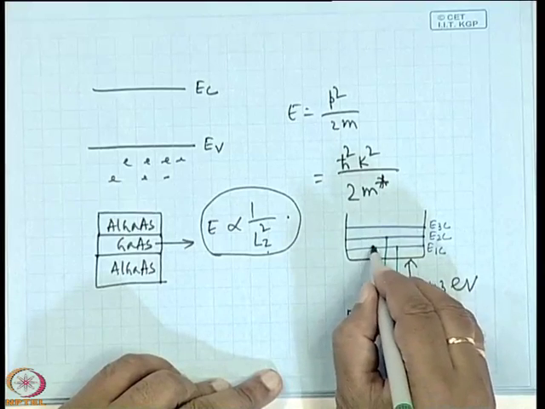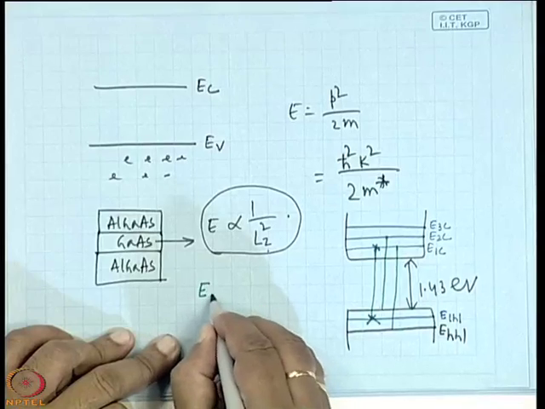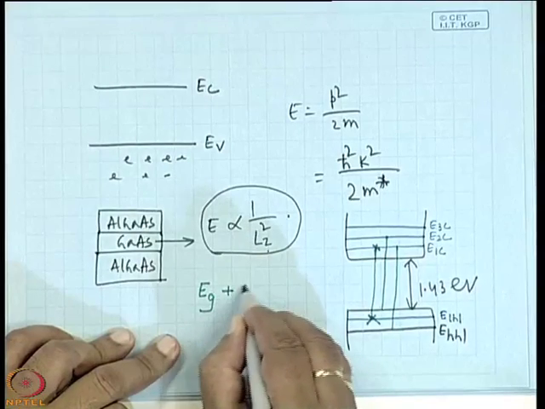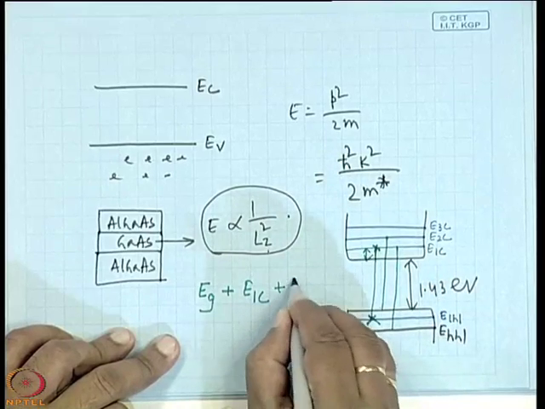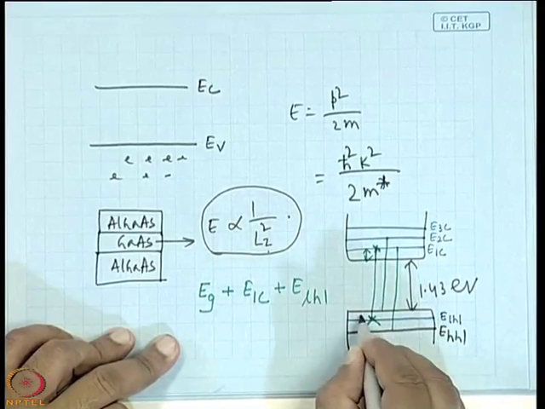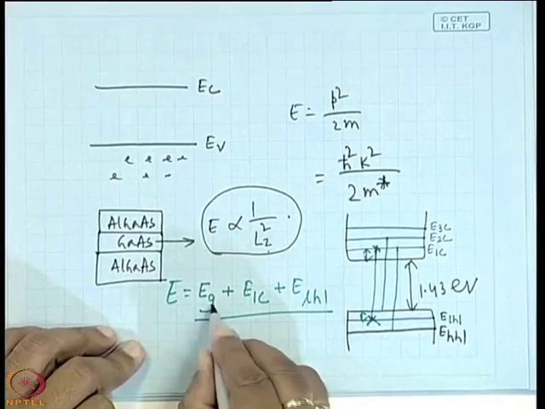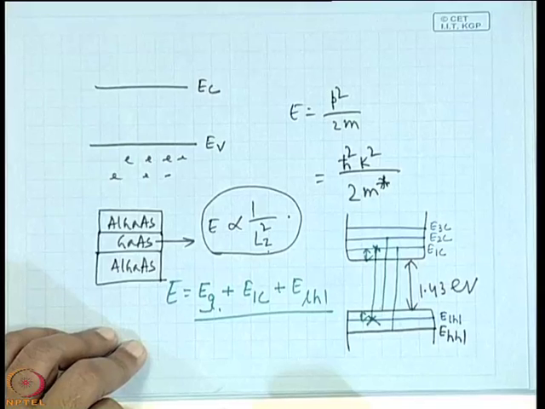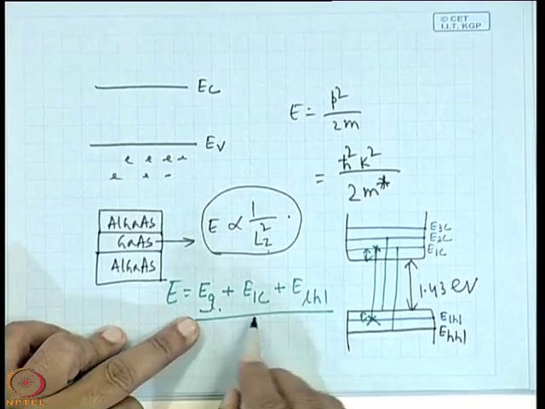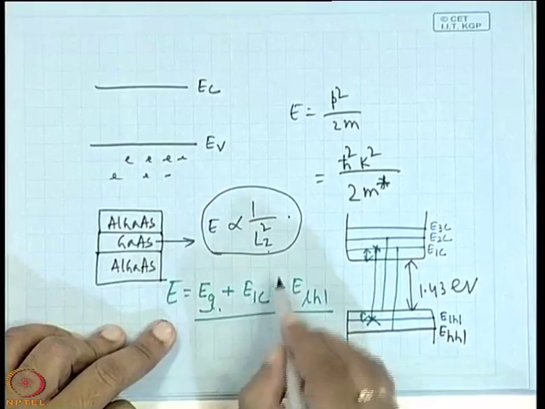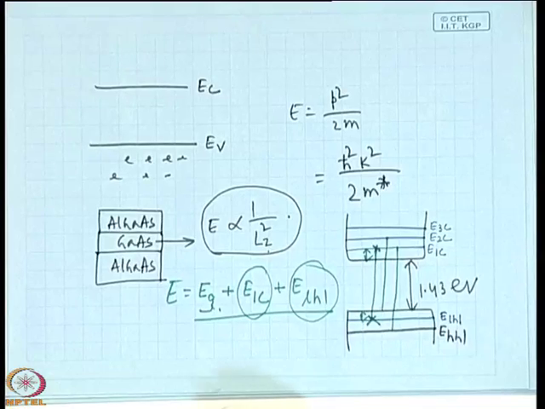If we assume that the transition is from this level to that level, then the energy will be the band gap Eg plus E1c, that means this portion, plus E LH1, that means this portion. So, the final energy becomes greater than Eg. Now, you can tune the band gap by changing E1c and ELH1. How?